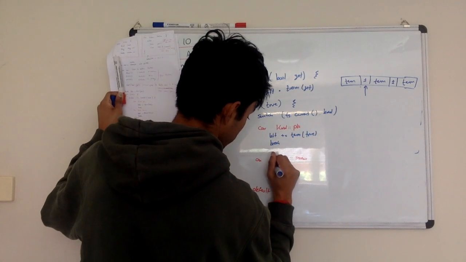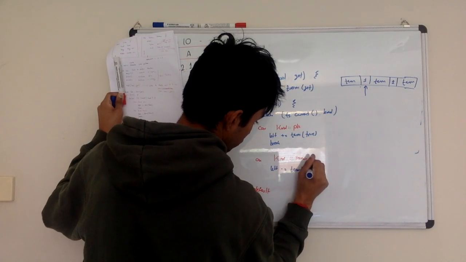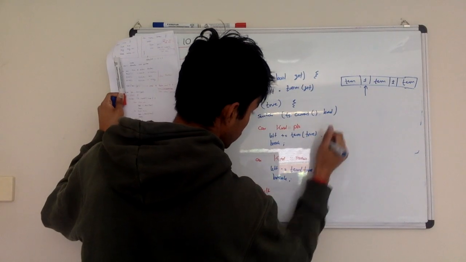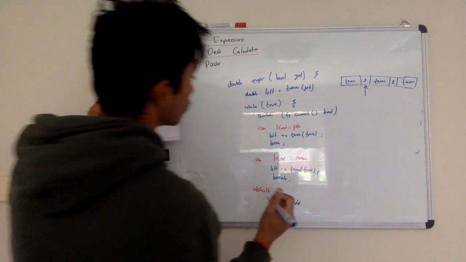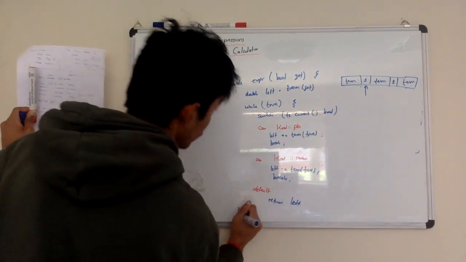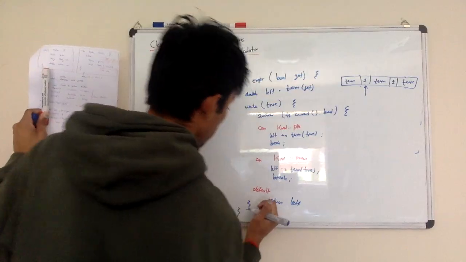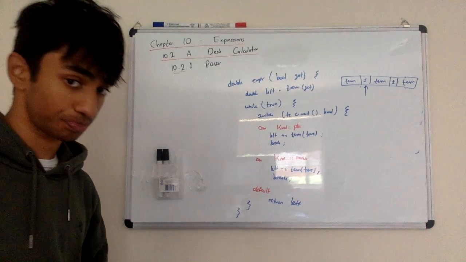Otherwise, we have left minus equals term true, and then we break. And then we have return left default. So very, very similar to the term function, right? It's just using pluses and minuses.